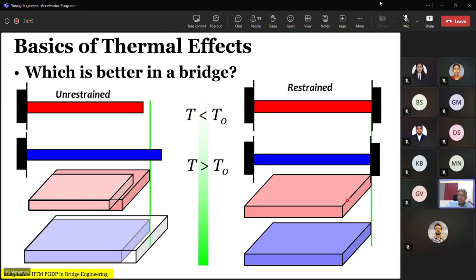So if somebody can calculate for me, what will be the force generated if we restrain this 25 meter span bridge for a rise in temperature of 1 degree centigrade?